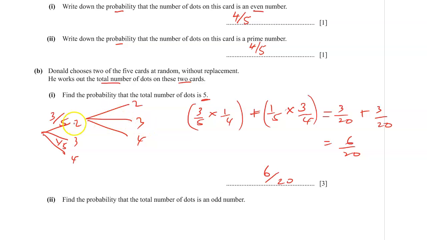So he's already picked 4, so this will be 2, so there will be 1 over 4 right there. And if he picks 3, he needs to pick 2 to make sum of 5. So let's say this is 2, this is 3, this is 4. So this is a third. So he has picked 3. So to pick another 2, this will be 3 over 4. Therefore, you'll get a third, fifth, and 3 over 4. That is there. I hope that is clear.